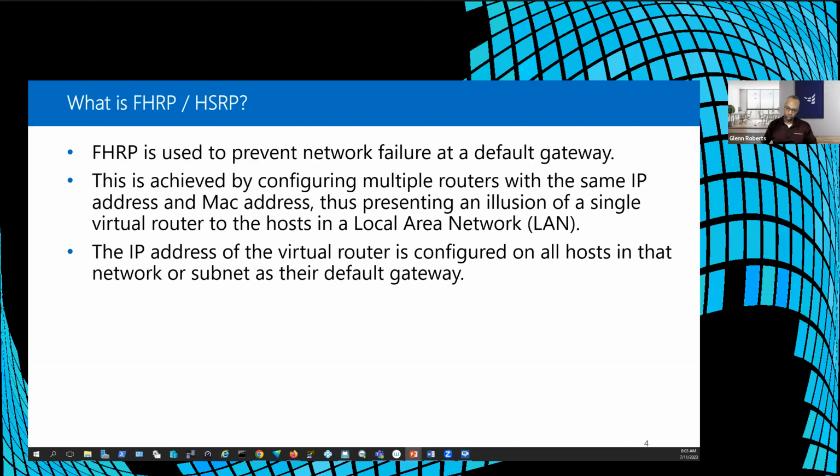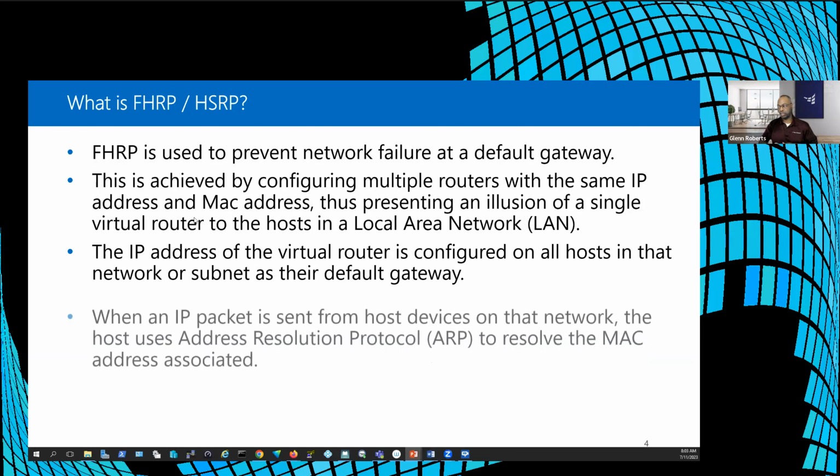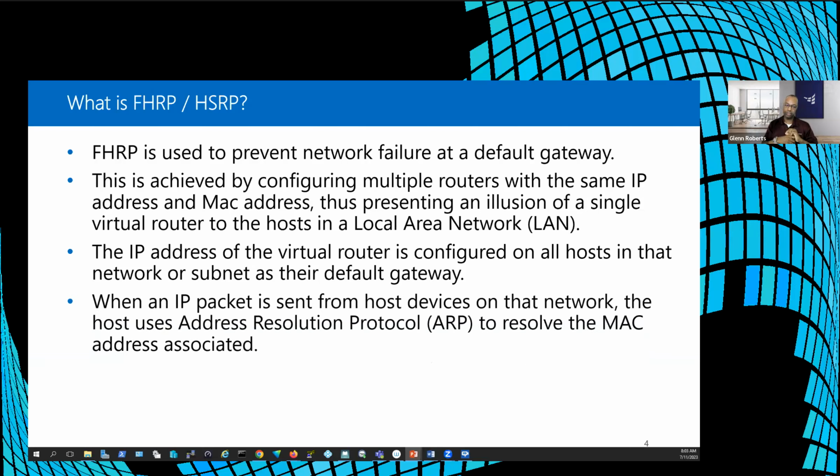And you know as well as I do that in order to communicate on the network, you are going to need a MAC address. That MAC address will be resolved when the client needs to get to the default gateway. So the client's going to send out an ARP as always, and then they will get the virtual MAC of the virtual IP.